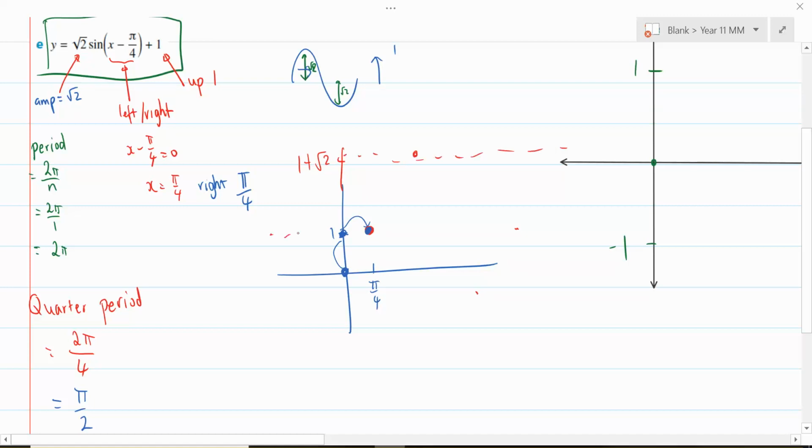I'm at the center, which is at 1. Now how do I find the minimum? The minimum would be from 1 to get to the bottom part of the graph. It would have to be down by root 2, because that's what we said. We said from 1 to go up, it's root 2. Then from 1 down, it has to be 1 minus root 2. Now, logically, is root 2 more than 1 or less than 1?